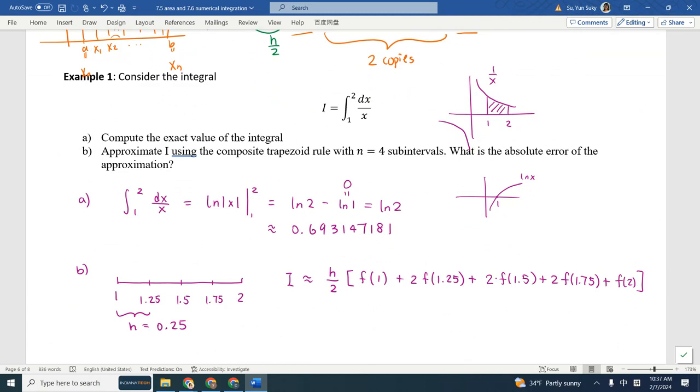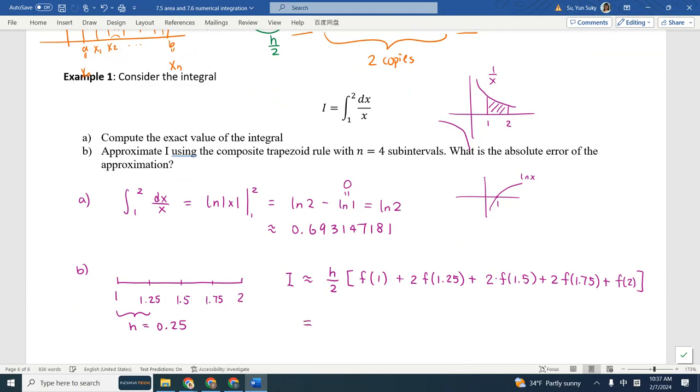In the exam, my n will be just like 4 or 6. It won't be so big. But if it's so big, we need to use a computer. So we can use MATLAB, and you can set n as big as you want, 1,000, 2,000.